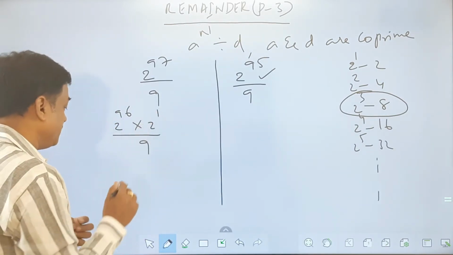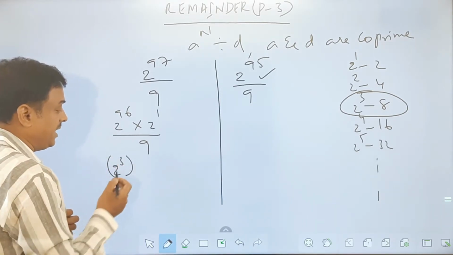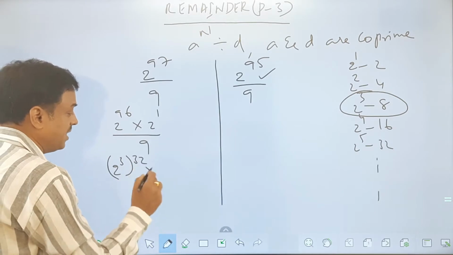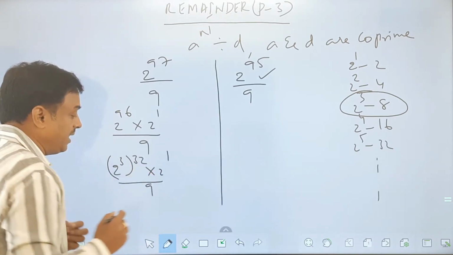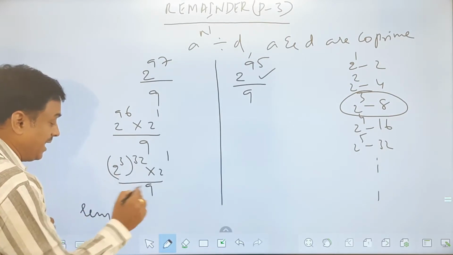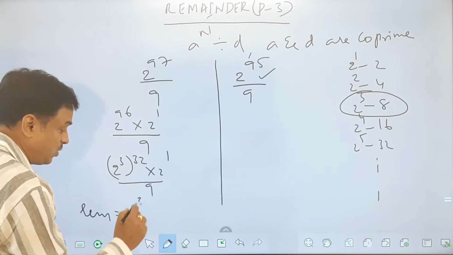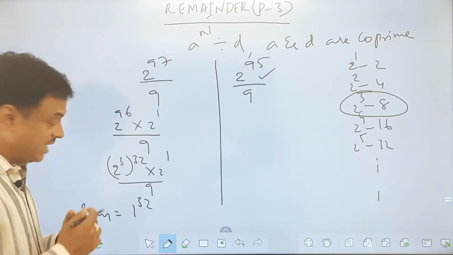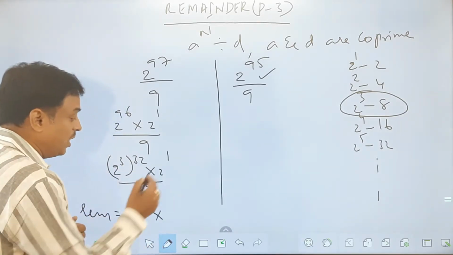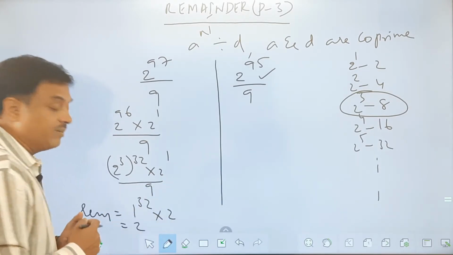Again, I can write 2 power 3 whole to the power of 32, times 2 power 1, divided by 9. And now when I divide 8 by 9, the remainder will be minus 1. Power k, as one of the properties, into 2 divided by 9, the remainder will be 2. My ultimate answer is 2 here.